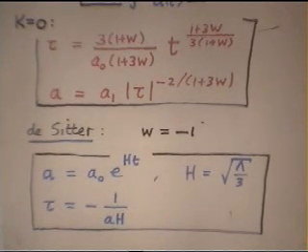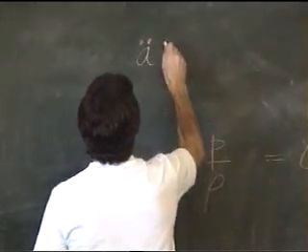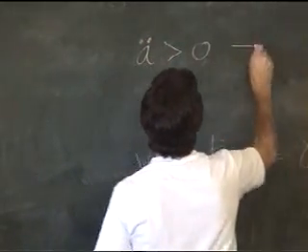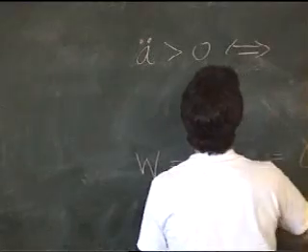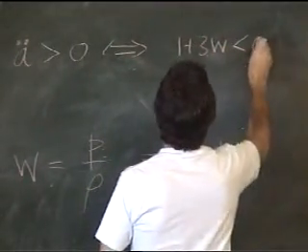I won't go back to the previous slide, but something which I didn't mention that was obvious from it is that the acceleration of the scale factor is positive if and only if 1 plus 3w is negative.